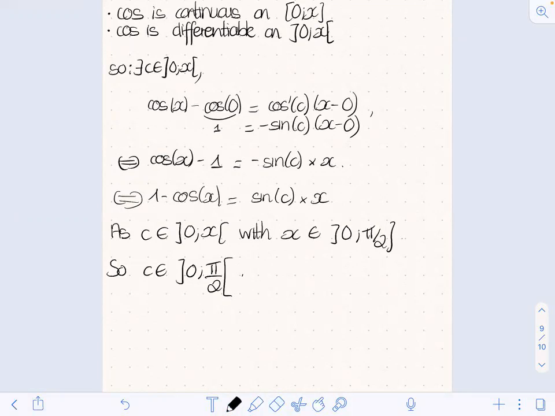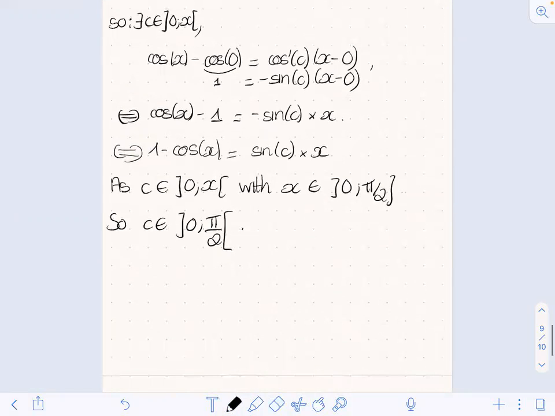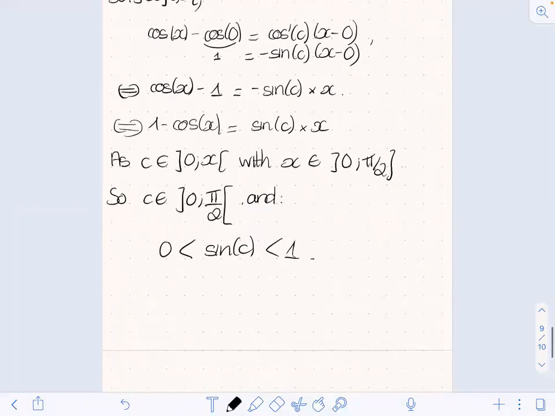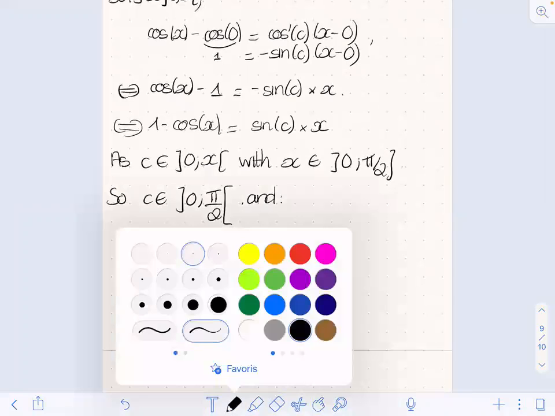Yeah, absolutely. So 0 strictly smaller than sine of C, smaller than 1. And so this gives us enough information to conclude.